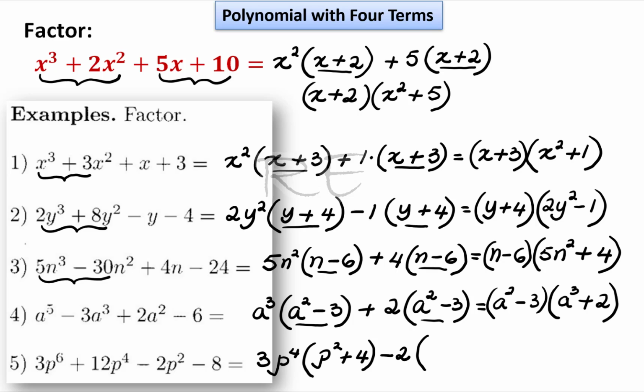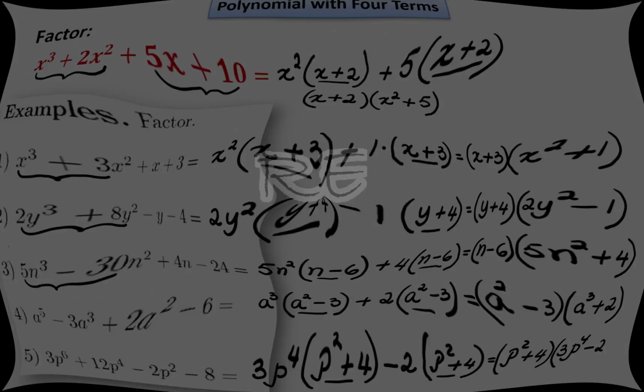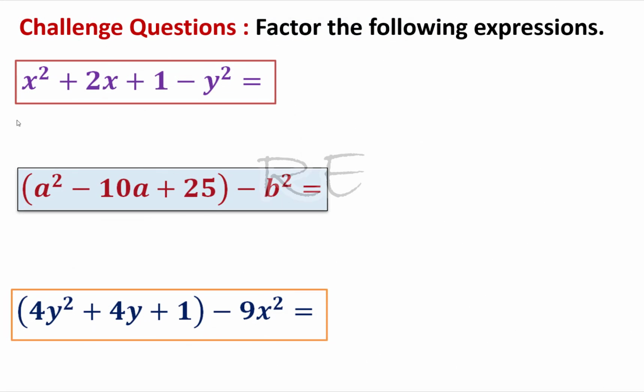And we are left with p squared plus 4. We change the sign. Now, p squared plus 4 is the greatest common factor. P squared plus 4. And the second factor is 3p to the 4th minus 2.